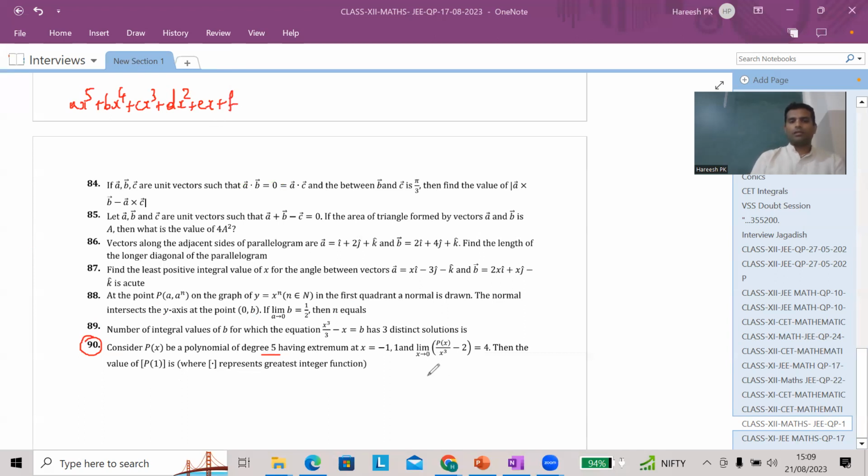And they're saying as x tends to 0, p of x by x cube, I'm dividing each term by x cube, and this minus 2, I'm transferring it here. So this limit as x tends to 0, the limit is 6.